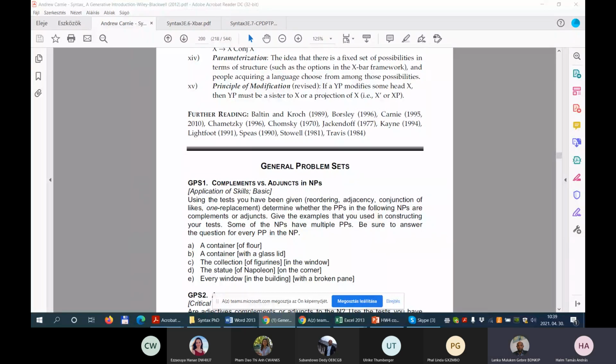Okay, for C, I would say I used 3 tests. The first one, the collection of figurines is complement. The collection in the window, in this case it is adjunct, and the one in the window is complement.